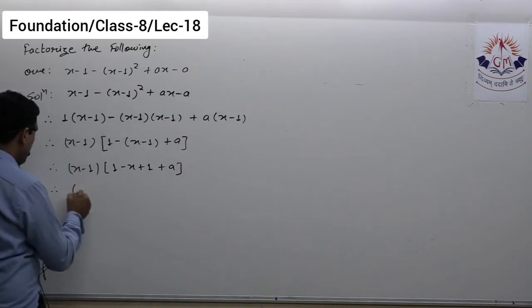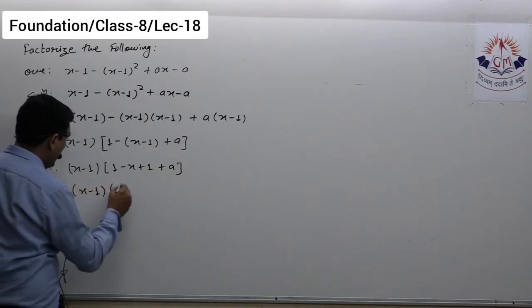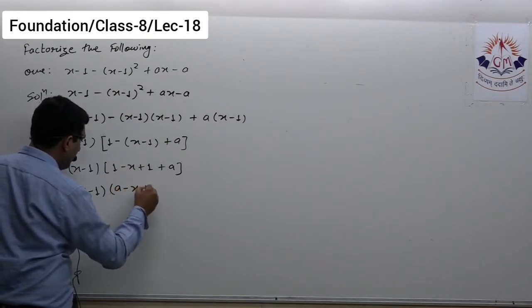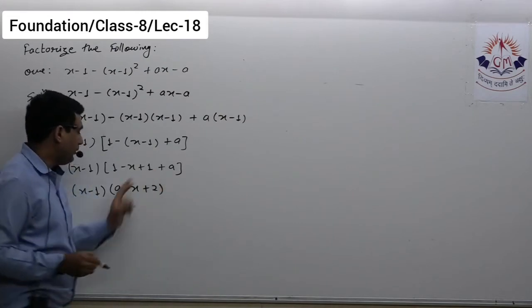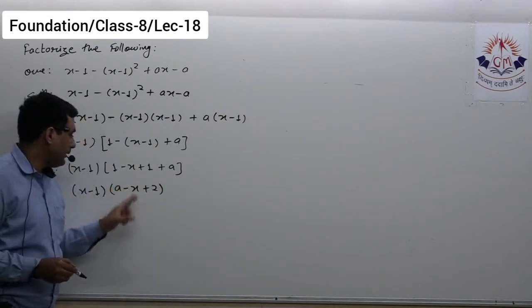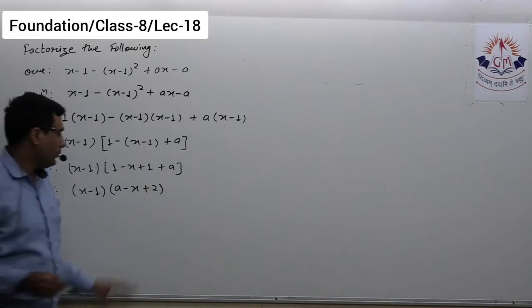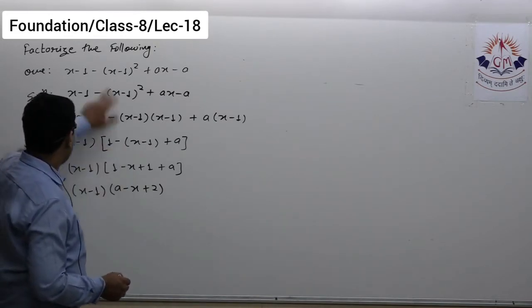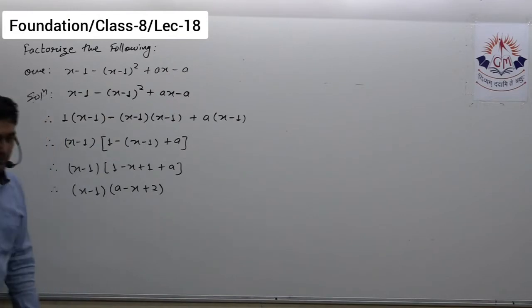So my final answer is, in the first bracket x minus 1, then here 1 plus 1, 2, so a minus x plus 2. I wrote a with a positive sign, then minus x, then 1 plus 1, 2. So this is the final answer, or I can say these are the factors of the given expression. So please note it down, then we'll see the next question.